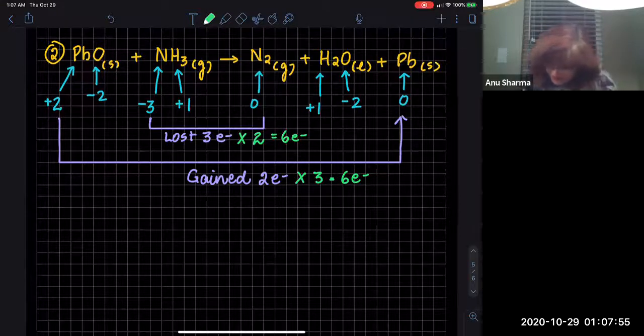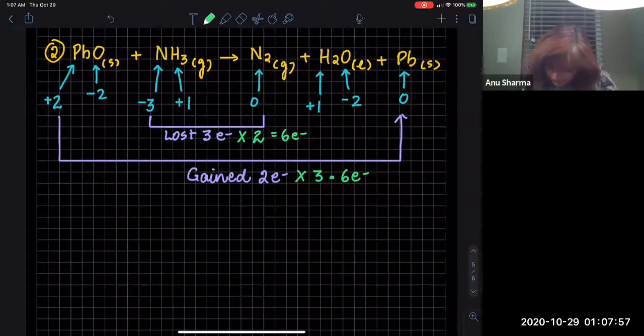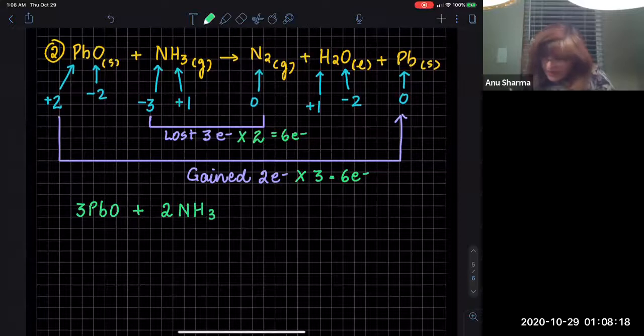So let's just do the second step. Here we are going to multiply 3 with lead oxide, sorry, it's PbO, not PO. PbO, and we're going to multiply 2 to the nitrogen in ammonia. Since the other nitrogen is balanced, we don't need to add 2 there.